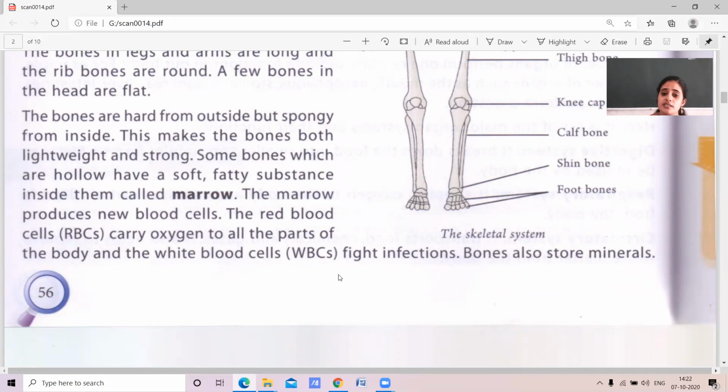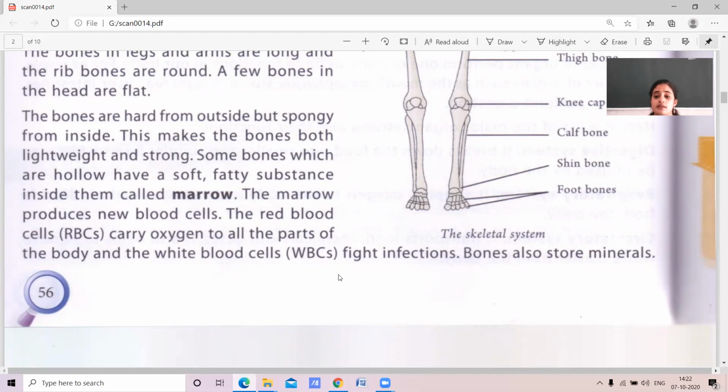What is the function of this marrow? This marrow produces new blood cells. Inside the bone we have bone marrow, and this bone marrow produces new blood cells.